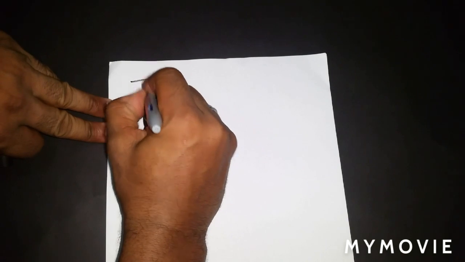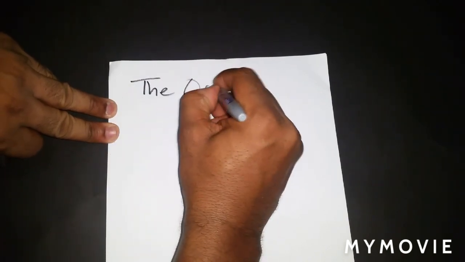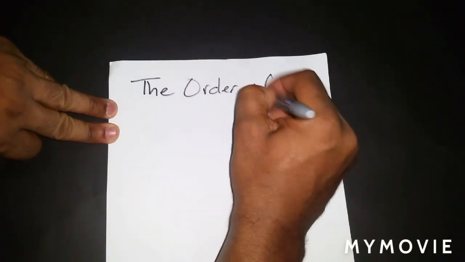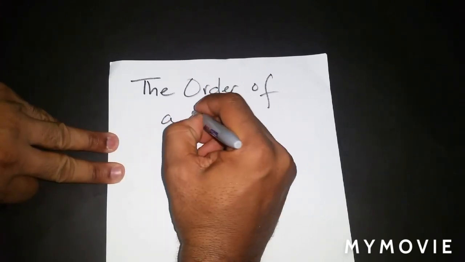The order of a matrix. So I'm just going to make a note of that because I want that terminology to stand out. So I'm going to write here, the order of a matrix.